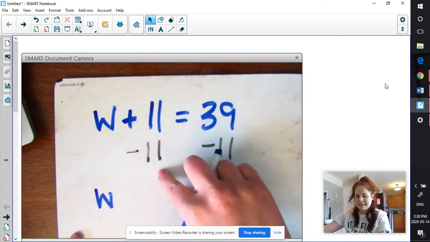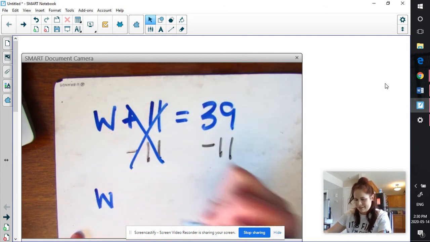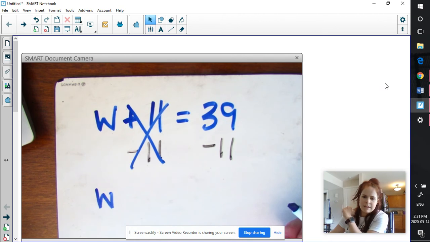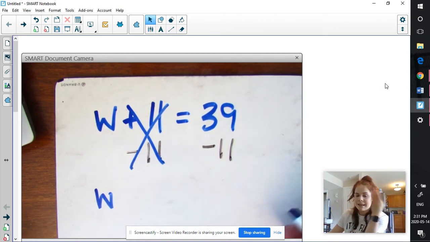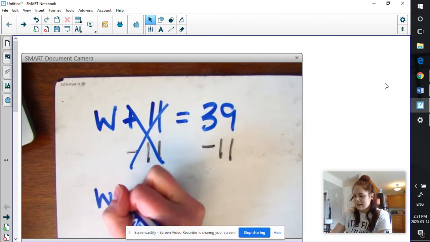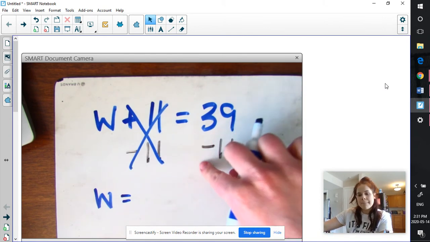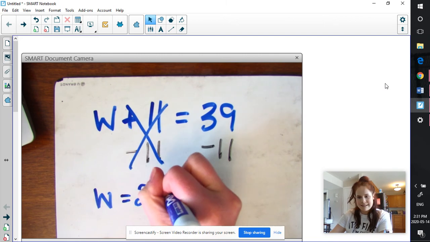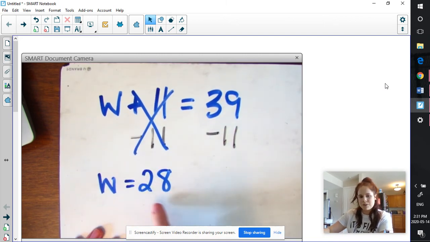Plus 11, minus 11, those cancel. Like if I give you 11 Mike and Ike candies and then I take 11 Mike and Ike candies away from you, you don't have any Mike and Ike candies. They cancel out. Then 39 minus 11 gives you 28. So your answer is w equals 28.